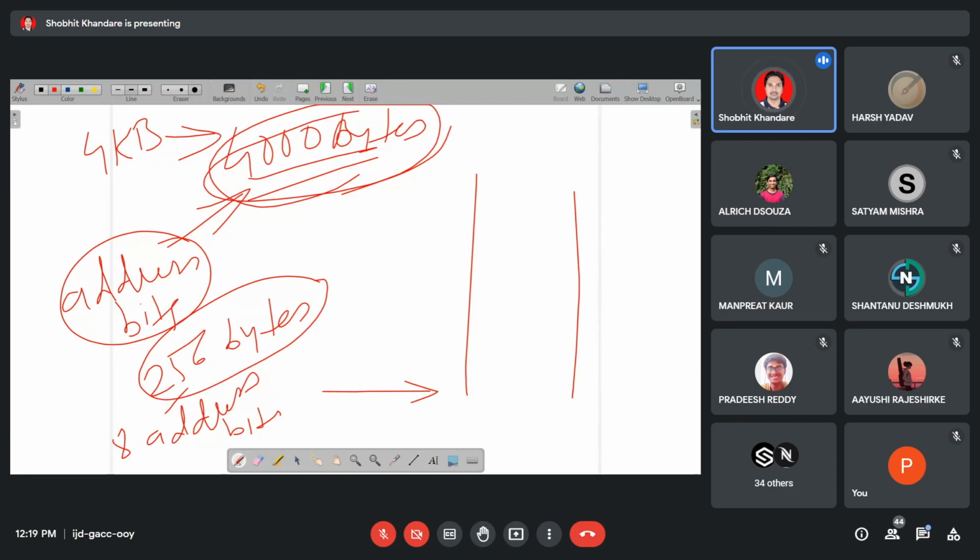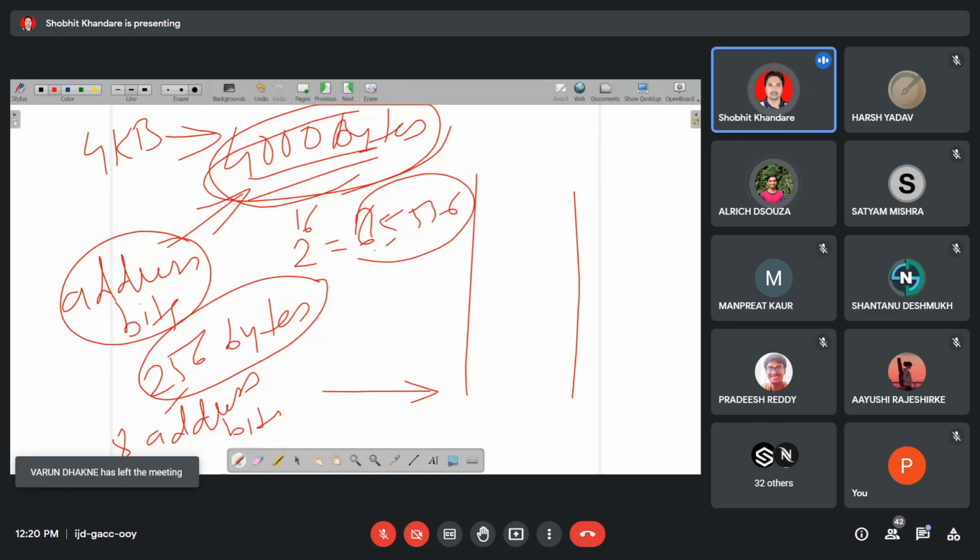It is 16. Yes, it is 16. So tell me, 2 to the power of 16 is equal to how many bytes? 65536. हाँ, 65536। 2 to the power of 16, 65536.